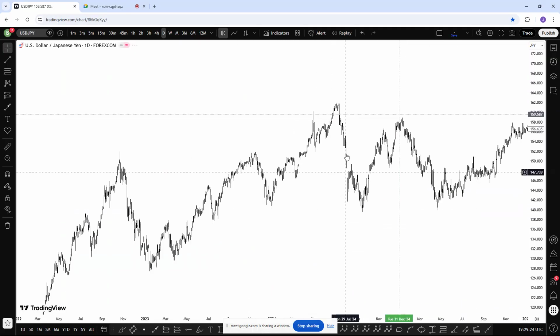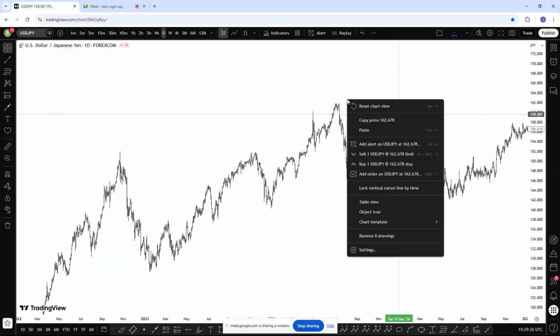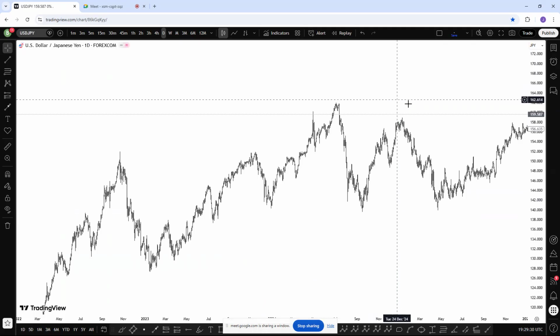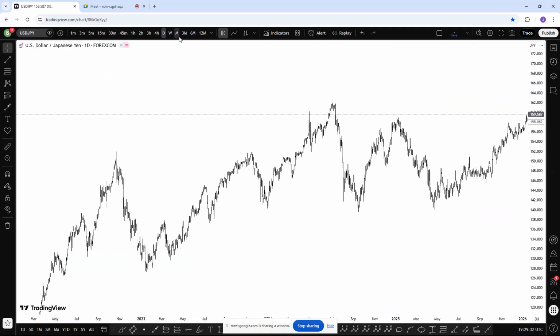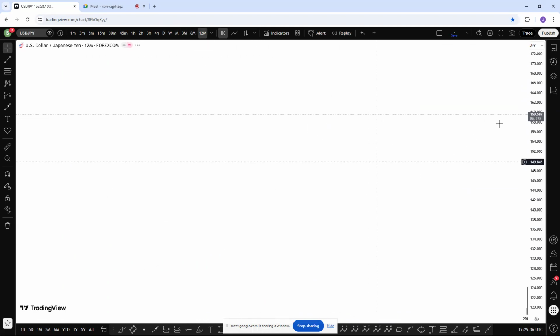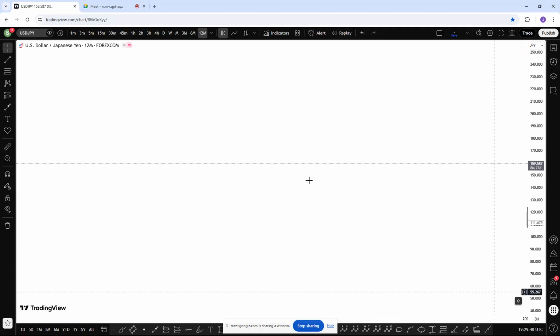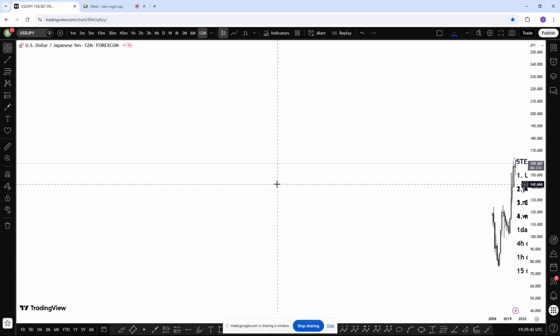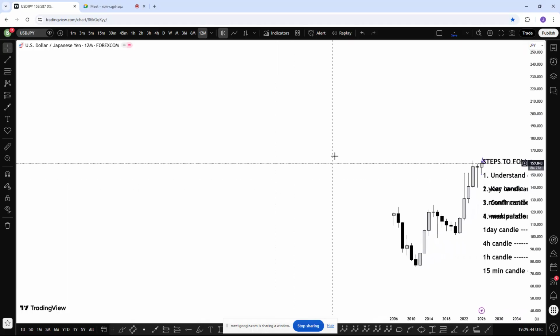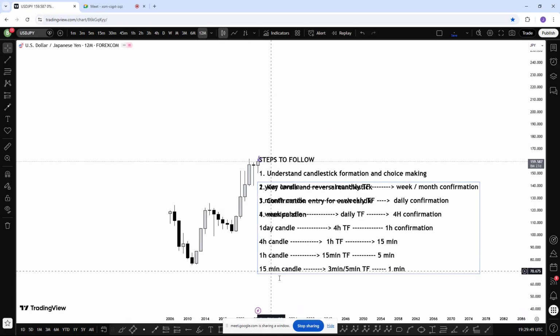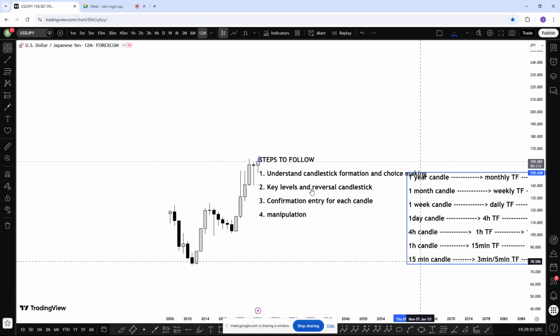So assume you are going to trade, for example, the yearly candle. So you go to yearly time frame. On the yearly time frame, you can see we have so many candles.